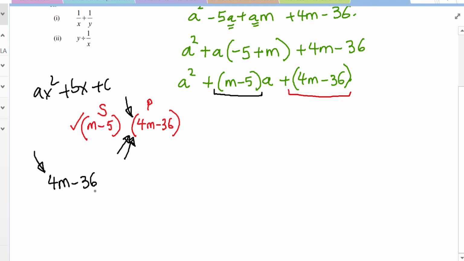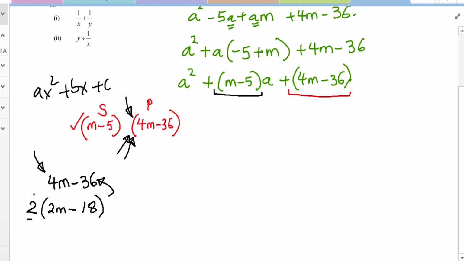When I look at 4m minus 36, let us factorize this. If I put 2 outside the brackets, 2 times 2m minus 18. Of course, 2 times 2m minus 18 gives us that one.